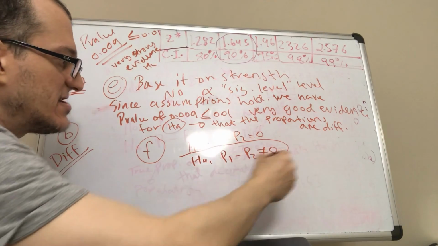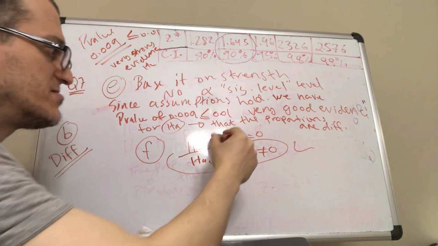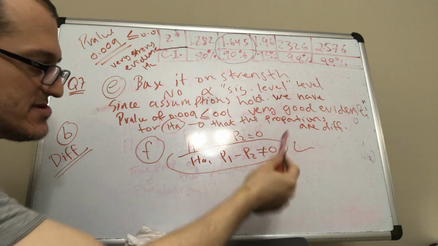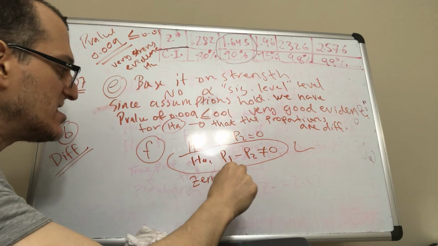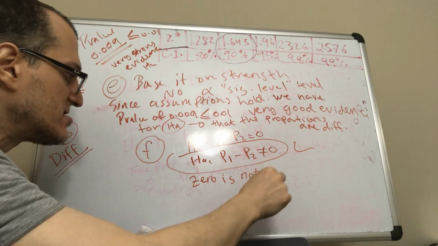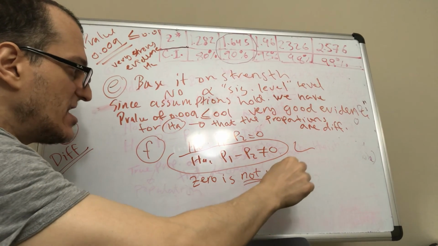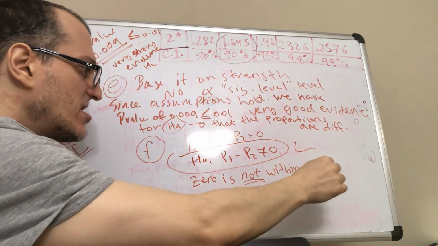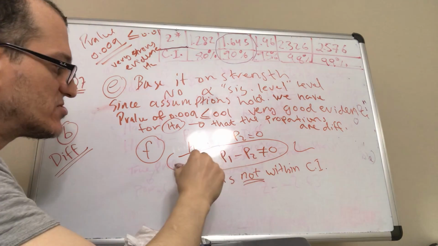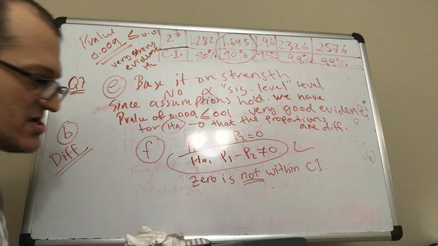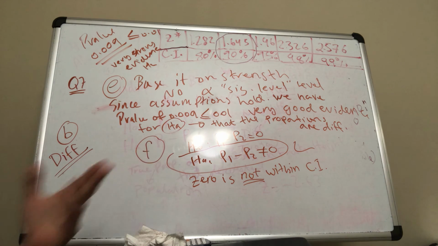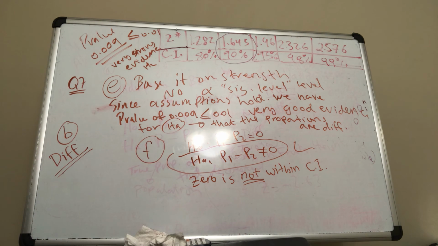We concluded that they're different. In this case, 0 is not within the interval. Anytime your conclusion is that they're different, if you have a difference, 0 is not included. If they're not different, 0 would be included.